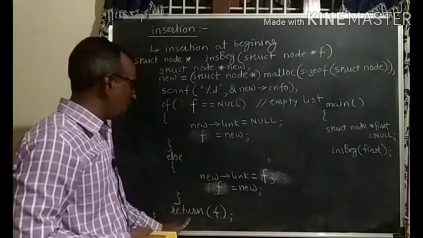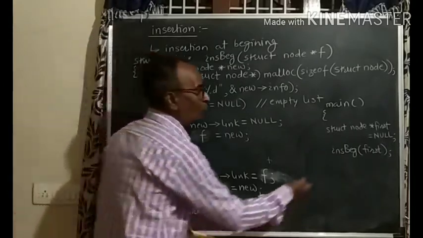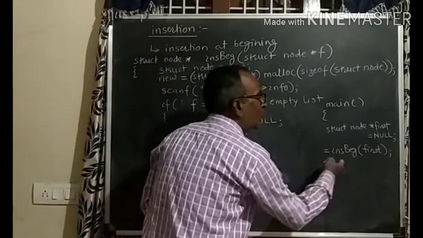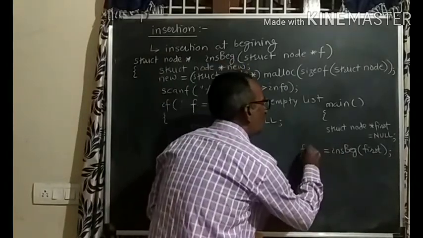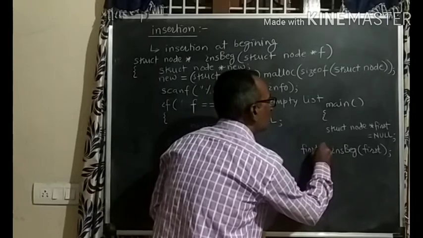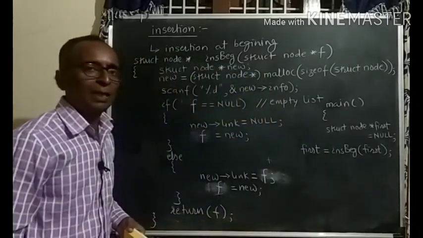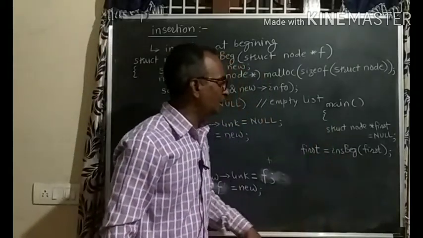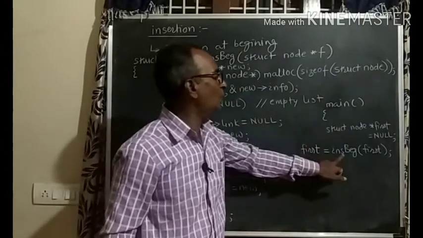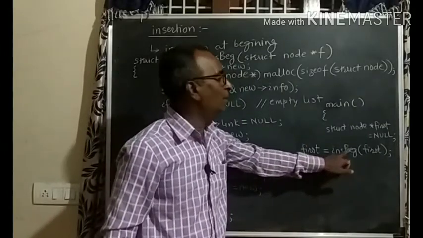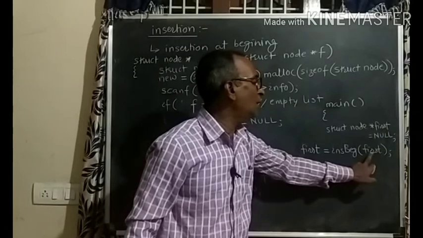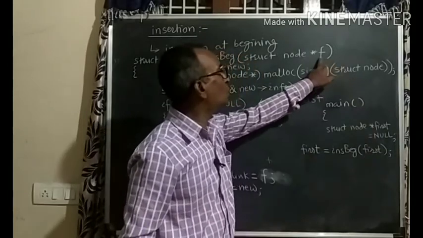So what it returns? The first node's address, that I have to collect. That again I'll assign to first. Now what will happen? Whenever the first time you are inserting at the beginning, first is null, null will be passed. So f will be null.